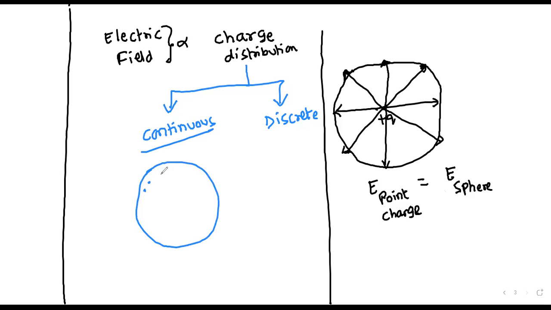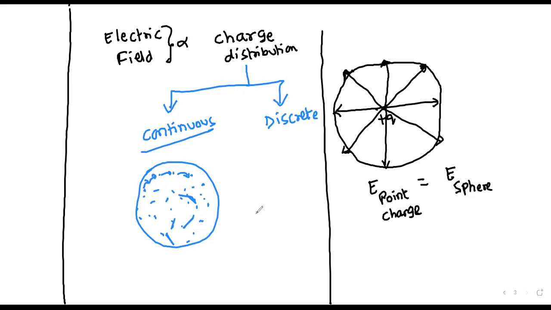Each particle will distribute its charge to the next particle like this. Each particle will have its effect on the next particle, so that we are having the distribution of the charge as continuous.